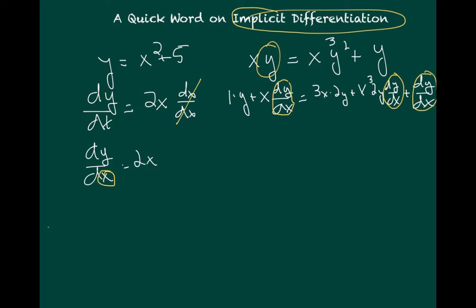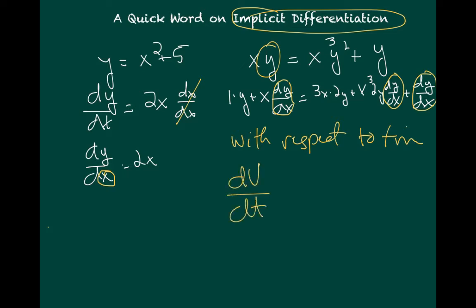It could be with respect to x, as it most commonly is. But in these examples that we're coming up upon, in these related rates, it's typically going to be with respect to time. So you will see a lot of problems where our answer is something like dv dt, where t is the time, or maybe dr dt, which is the change in the radius over the change in the time.